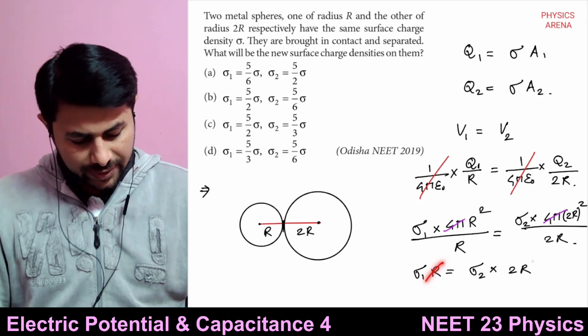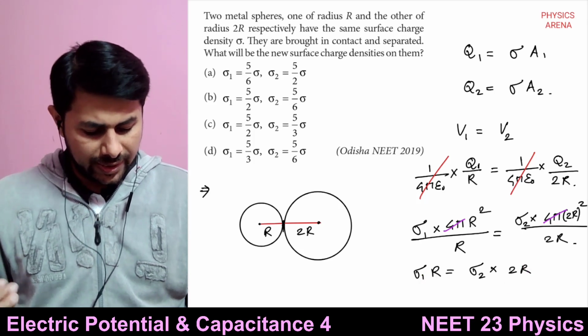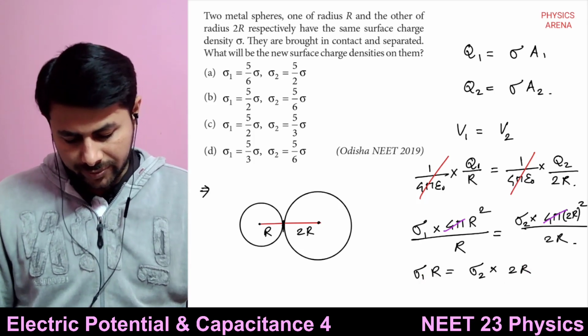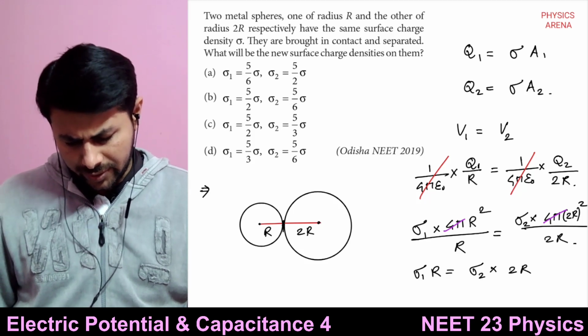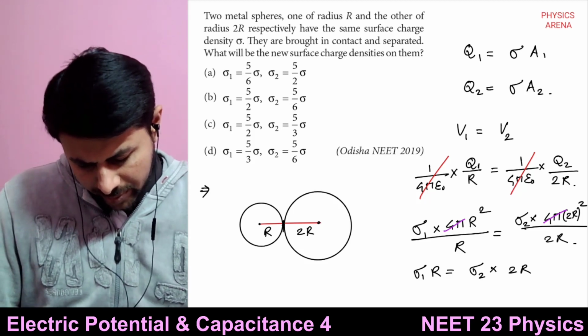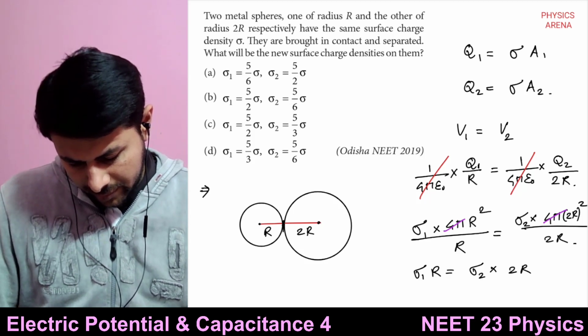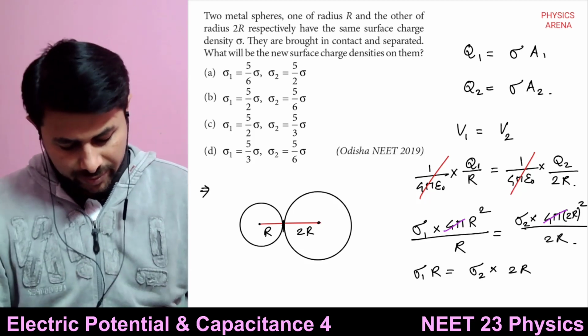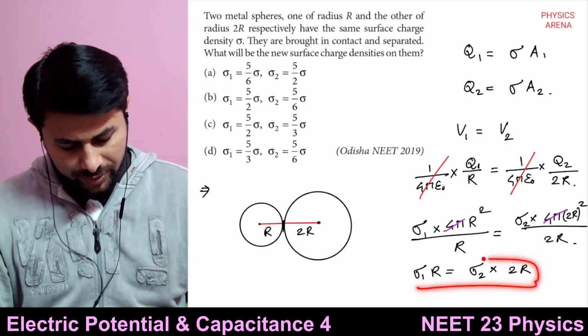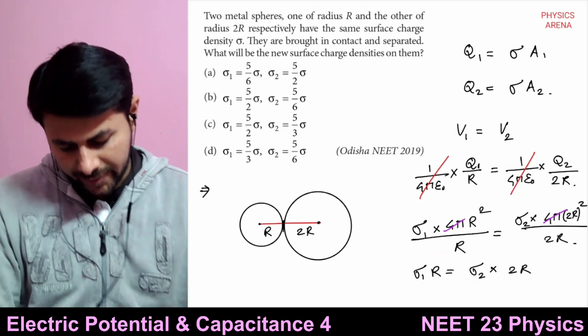Now r and r get cancelled out. So we get sigma 1 is equal to 2 times sigma 2. This is what we get, right?